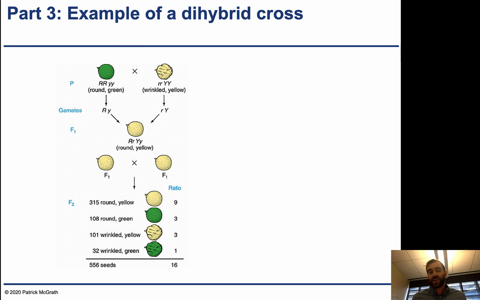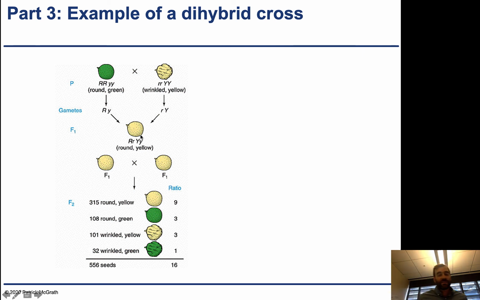But this phenotype is unique because a phenotype is a composite of all of the different traits. And so the way we figured that out was just based upon the dominant recessive relationship. So we know that yellow is dominant to green, and we know that round is dominant to wrinkled. And so we use that information to figure out the phenotype.